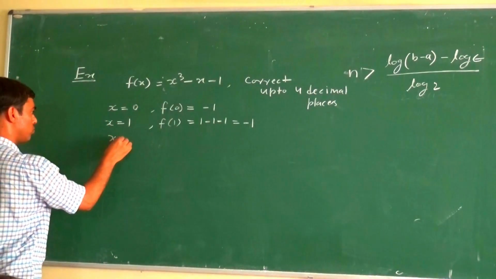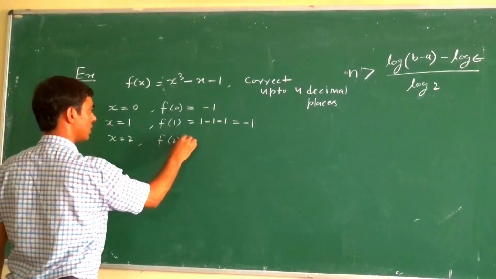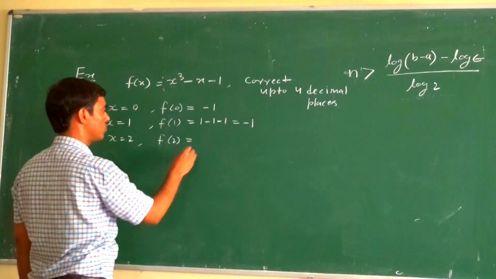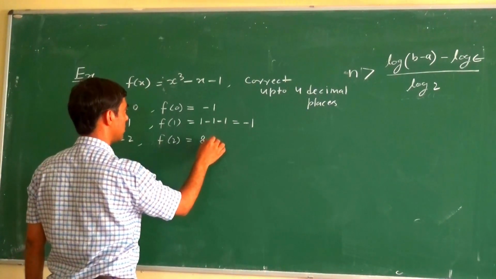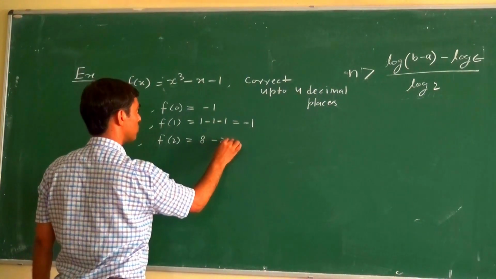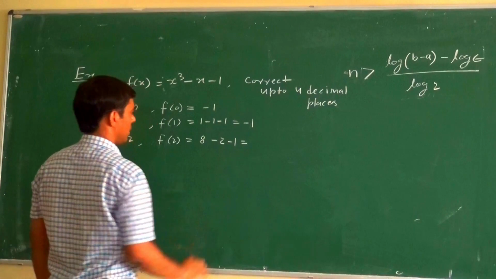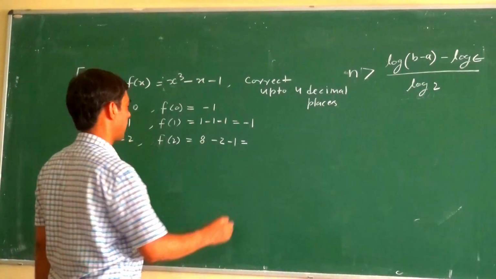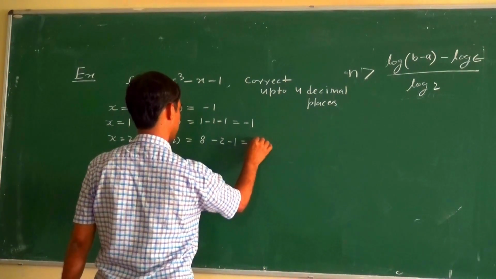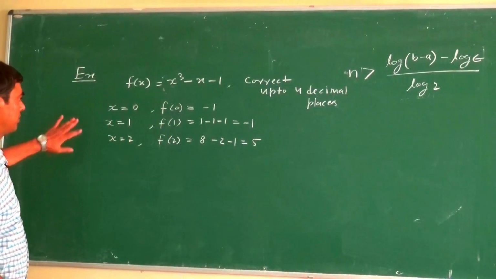Now at x equal to 2, f of 2 is 8 minus 2 minus 1, which equals 5. Now we stop our search.